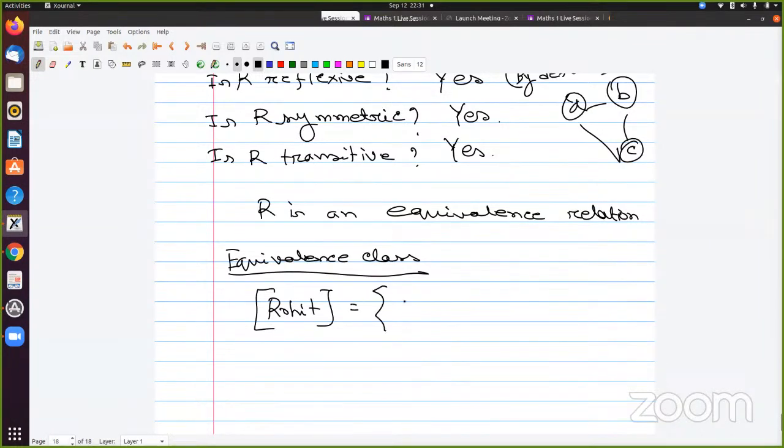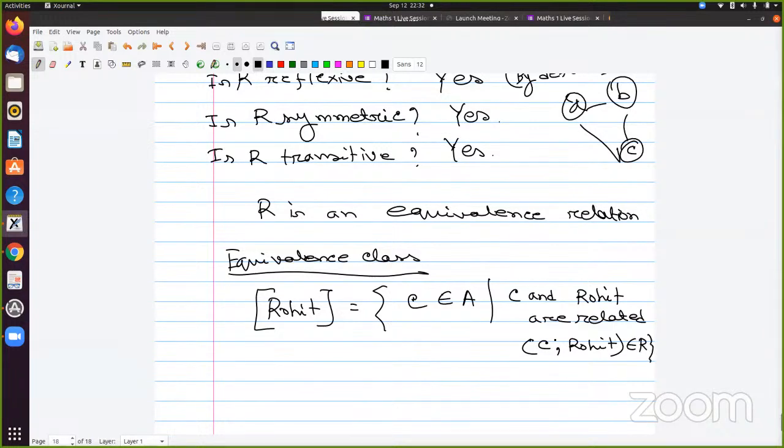It is the set of all those cricketers C from the set A for which C and Rohit are related. Those who play with Rohit Sharma. Exactly. So basically (C, Rohit) is inside R. We want all such C. This is the class of Rohit Sharma.